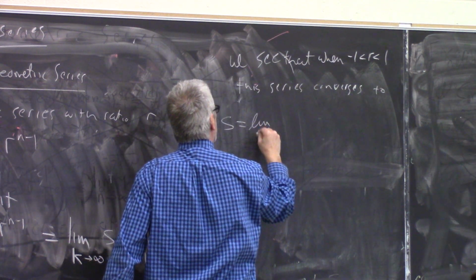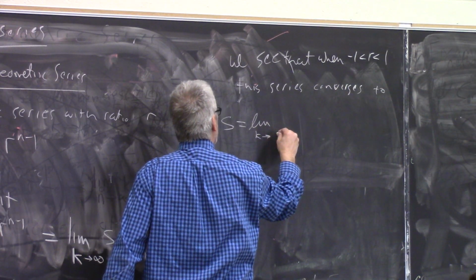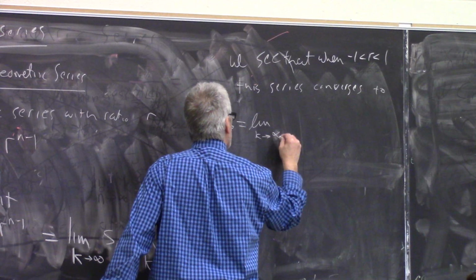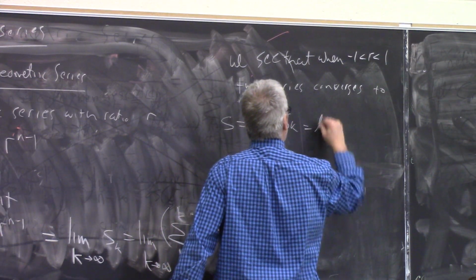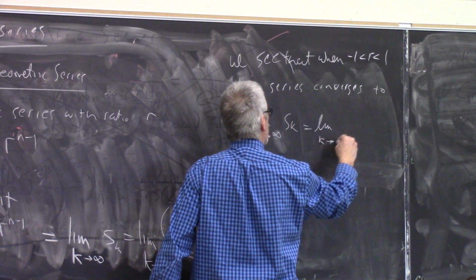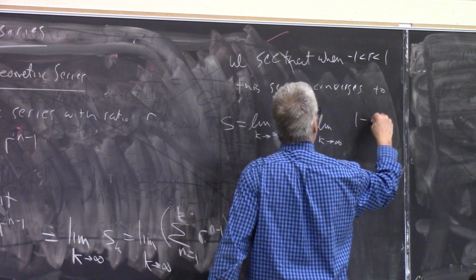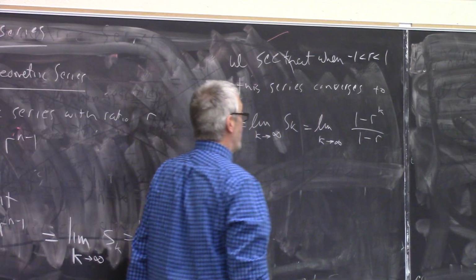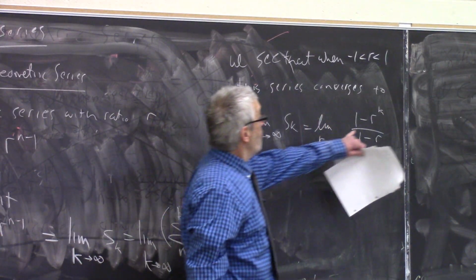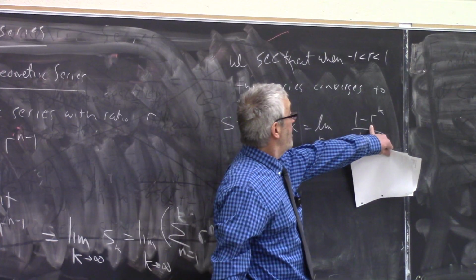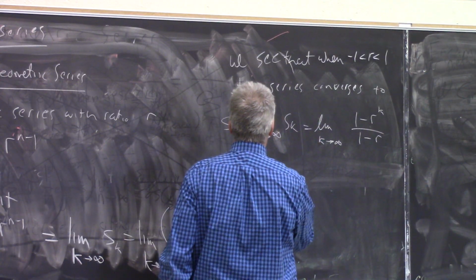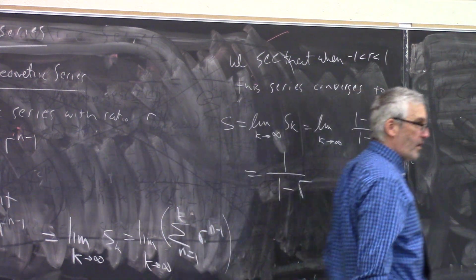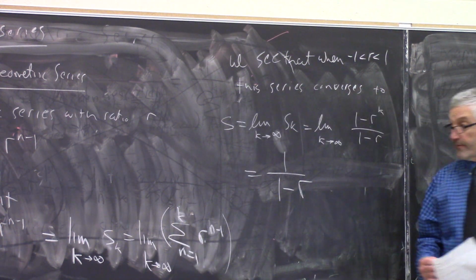That's the limit as k goes to infinity of s_k. So that's the limit as k goes to infinity of (1 minus r to the k) over (1 minus r). And when r is between -1 and 1, this term gets smaller and smaller when k gets bigger and bigger. So the series converges to 1 over 1 minus r. Otherwise, the series diverges.